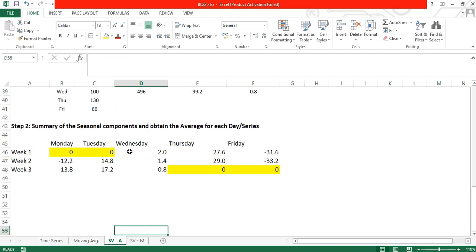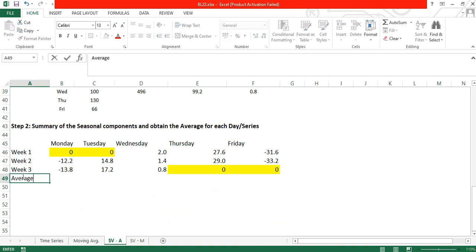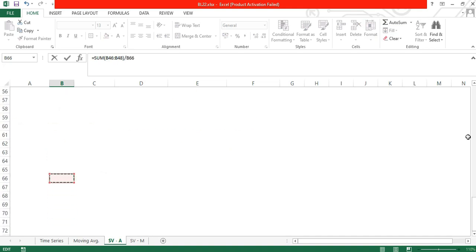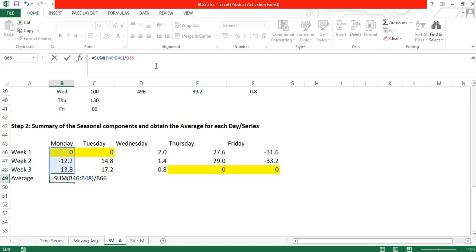Okay, once we got this summary, we have to calculate the average for each day. Average happens when you get the sum of all three and then divide by the number of items.